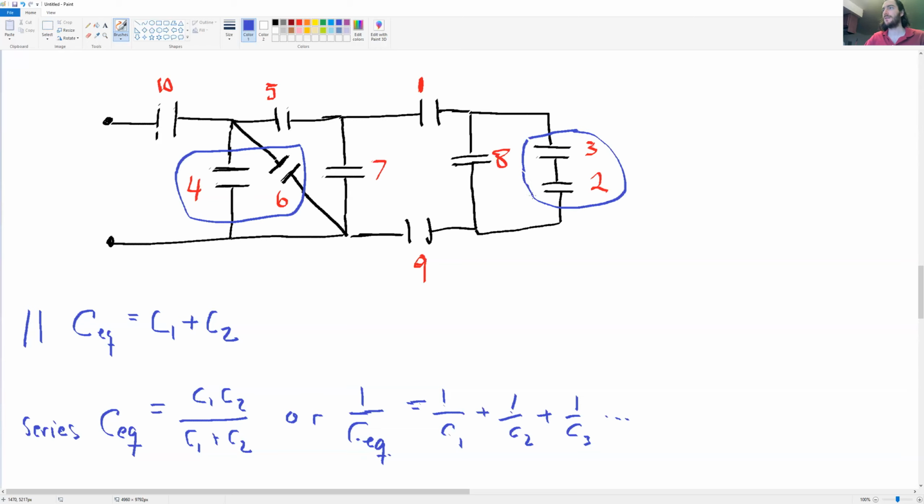So a 3 and a 2 in series is 6 over 5, product over sum. So this is 6 over 5. There we go, it's not working now. So 6 over 5 for that one. Well, then we have 6 over 5 plus 8.